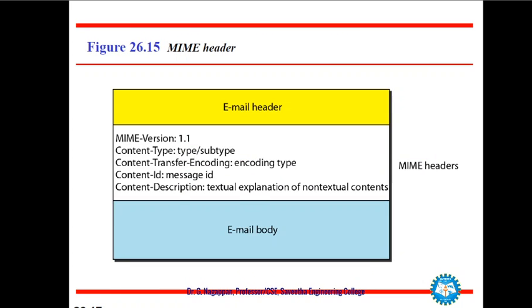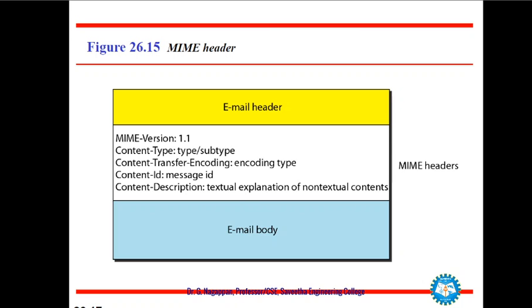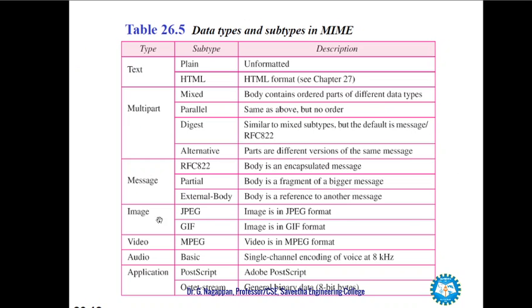The version is 1.1. For content type and subtype, the type may be text, multipart, message, image, video, audio, or application. The subtypes are also mentioned here, such as RFC, JPG, GIF, MPEG, and so on, which are supported.